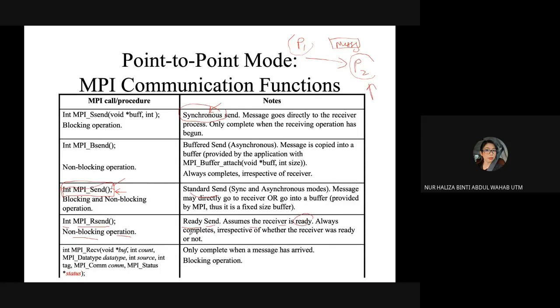It always completes irrespective of whether the receiver was ready or not. So it is a non-blocking operation. And another one is MPI receive or MPI RECV. It is a blocking operation, only complete when the message has arrived.